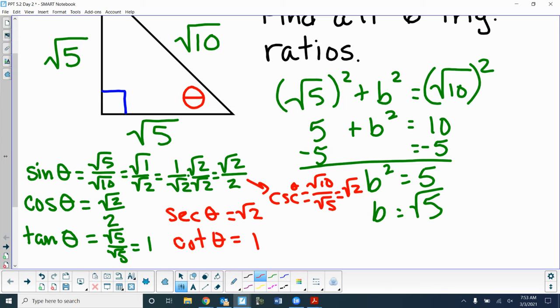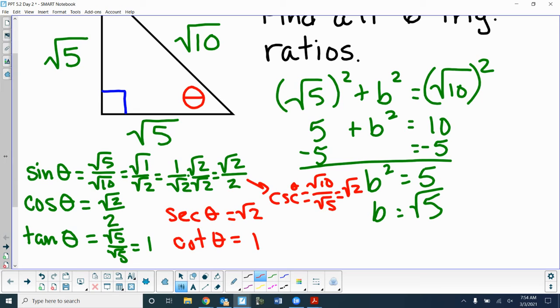All right, so number 3, the sine was 4/7, so the cosecant was 7/4. The cosine was the square root of 33 over 7, so the secant ends up being 7 times the square root of 33 over 33. And the tangent is 4 times the square root of 33 over 33.